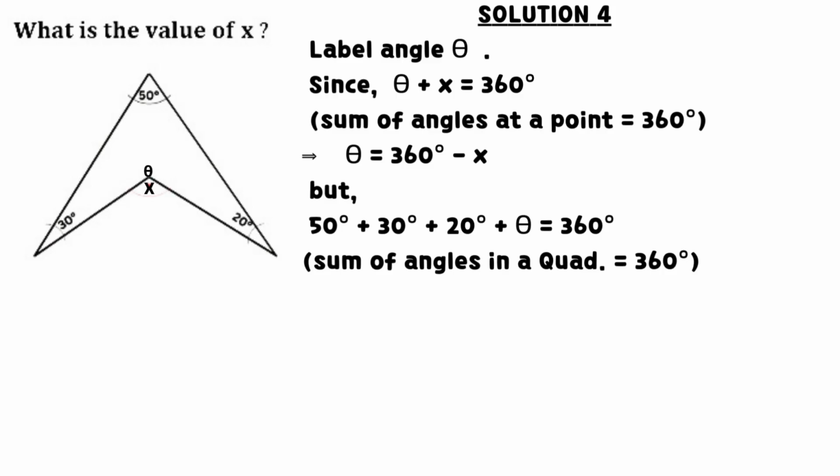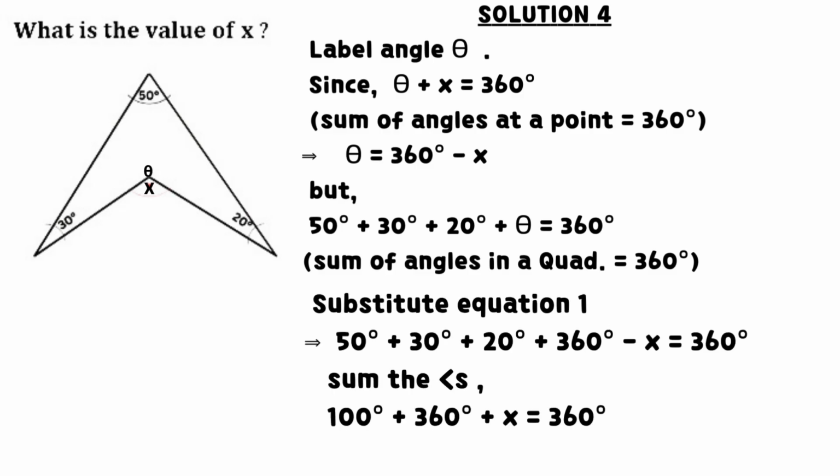Substitute equation 1. It implies that the sum of 50 degrees, 30 degrees, 20 degrees, and 360 degrees minus x equals 360 degrees. Hence, sum the angles. We have that 100 degrees plus 360 degrees minus x equals 360 degrees.